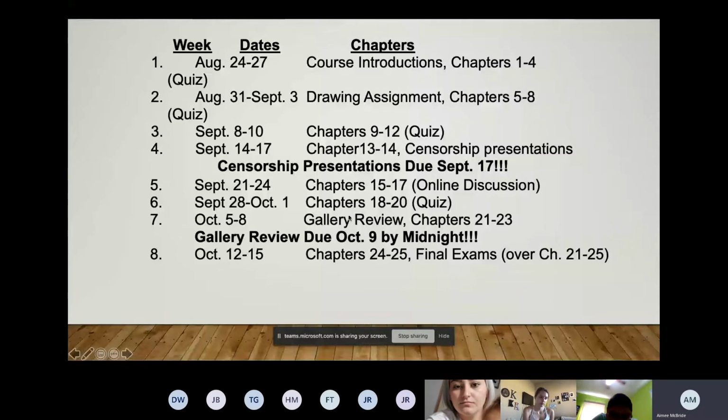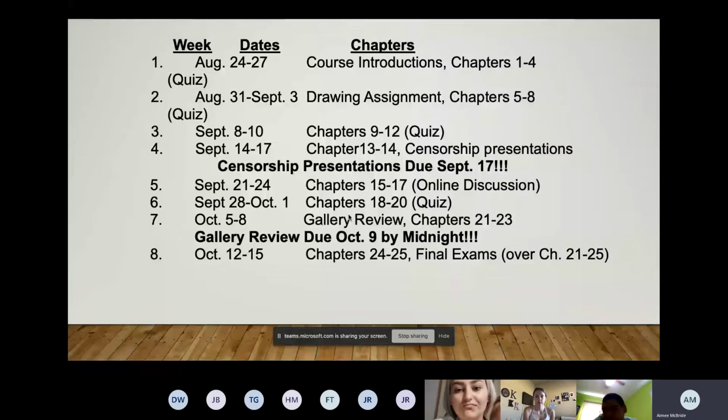I'll be talking more about the gallery review whenever the art gallery at the Allison Fine Arts building is open with their new show. We're currently setting it up right now. Yes, for those of you that didn't know, there is an art gallery here on campus, and it will be very useful to you whenever you have to do a gallery review.